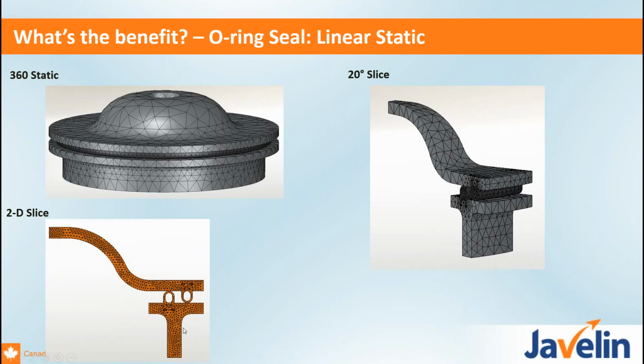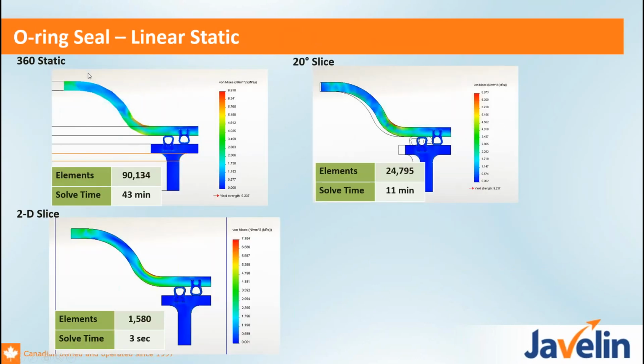You'd have a pressure forcing these together, and then you'd want to pressurize the vessel and see how your seals react. We might look at 3 cases: a 360-degree revolve, just a 20-degree slice of that model, and then a 2-dimensional slice. What do the solve times look like for that? The 360-degree, the full revolve, would take about 43 minutes to solve.